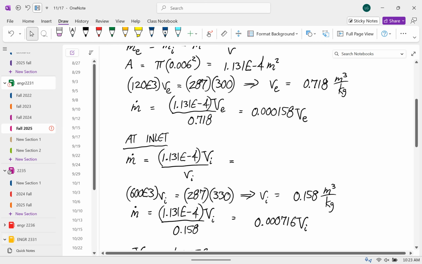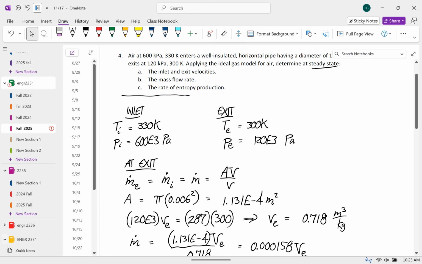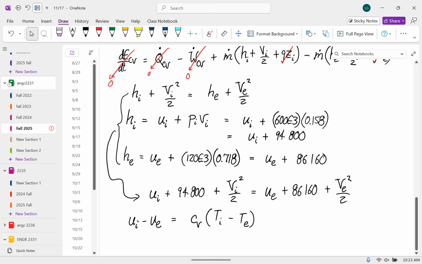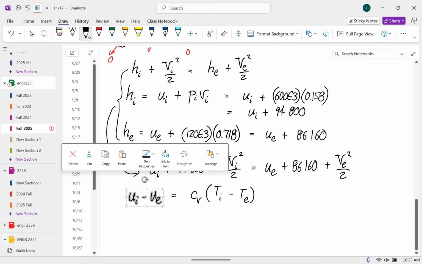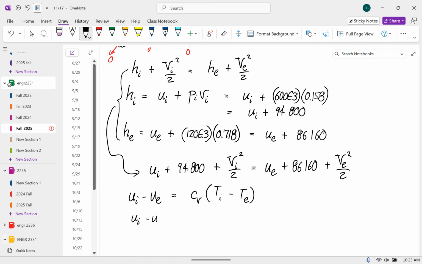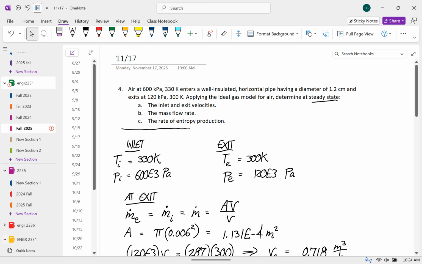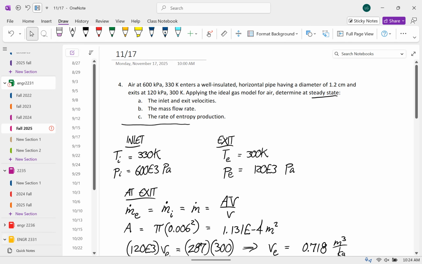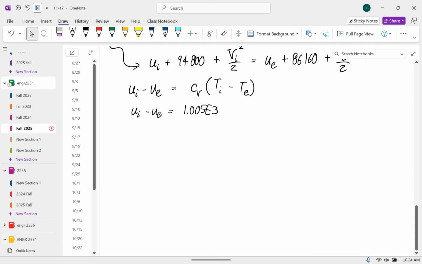The exit was 300 Kelvin and the inlet was 330 Kelvin. Wouldn't the inlet be higher? Yep, you're right, so this is positive. So we have this times 30. So that's 30,150.